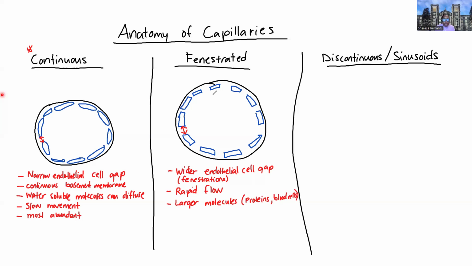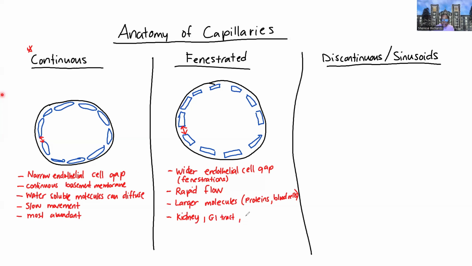Okay, so larger molecules. And then examples of this would be certain parts of the kidney where we have filtration. So the kidney, certain parts of the GI tract or the gut, as well as most of our endocrine glands. This is how proteins leave our blood vessels and go out into the blood from our endocrine glands.